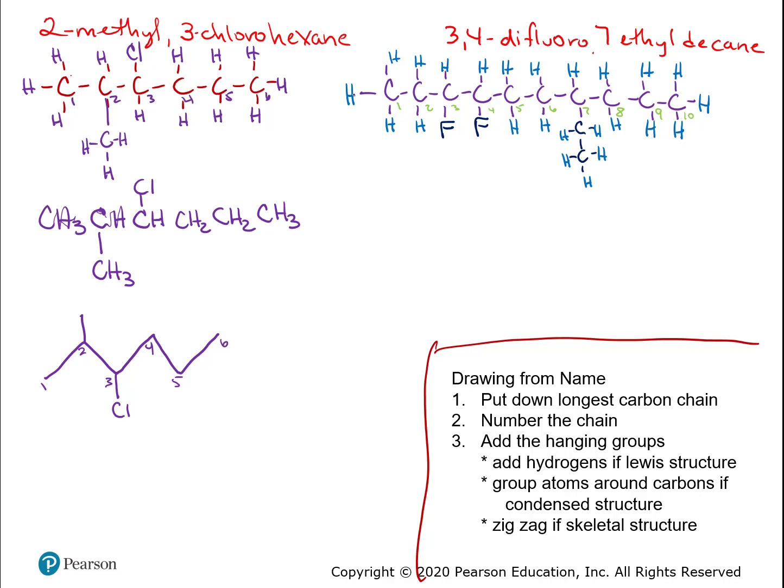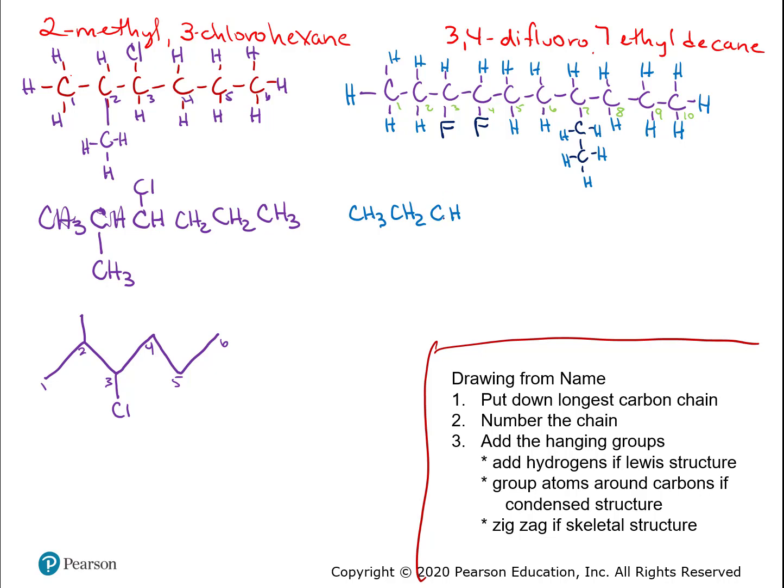But condensed, what would it look like if we were going to do condensed? So what would carbon 1 look like? CH3. Carbon 2? CH2. Carbon 3? C with an H, right? Because you see there's one hydrogen on carbon 3.